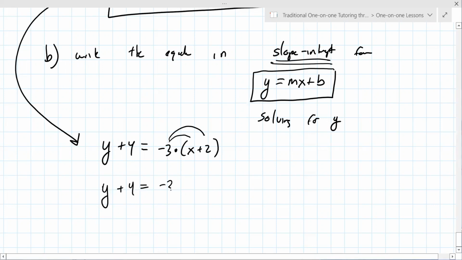Is that y equals -3x plus -1? Like this over here. Yeah, right. Okay, so let's start here. Did you distribute the -3 into both of these and get minus 3x minus 6?